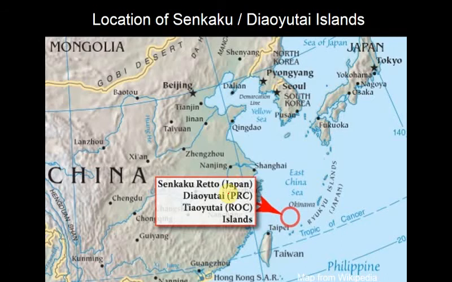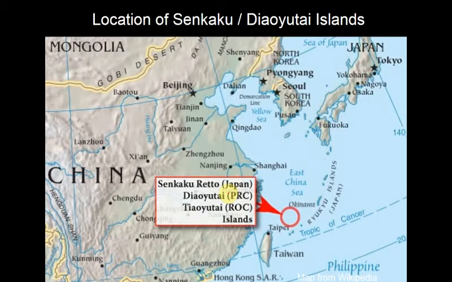So, just as an example, the Senkaku Islands, they're called Senkaku from Japan's perspective, but they're claimed by mainland China, Taiwan and Japan. You can see where they're located, quite close to Taiwan, but Japan had control of them from about 1890 to 1945, when Japan was militarily very strong.